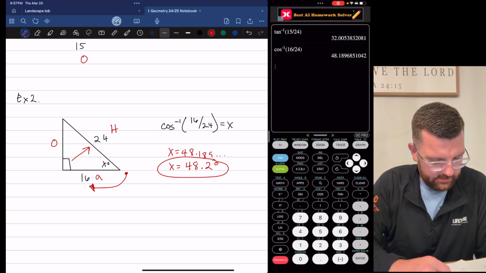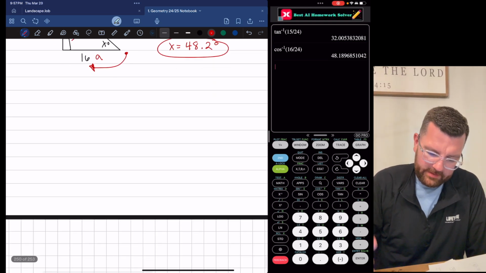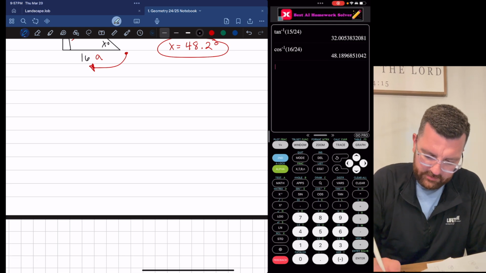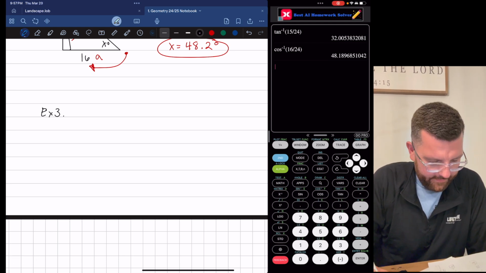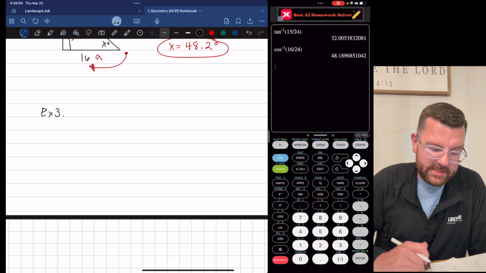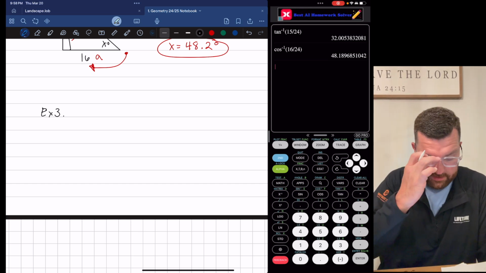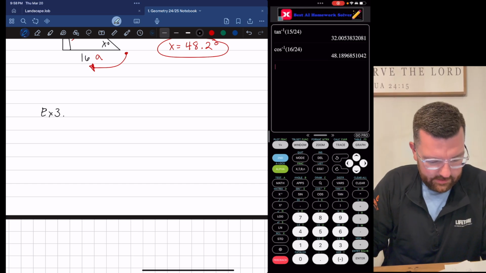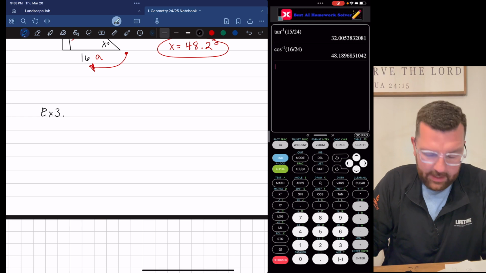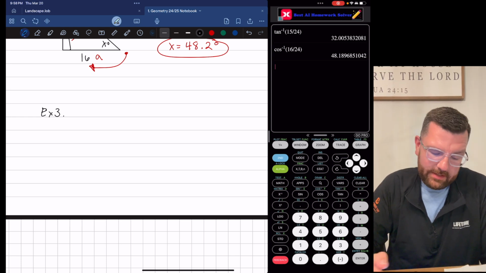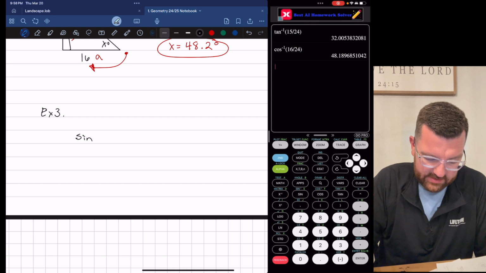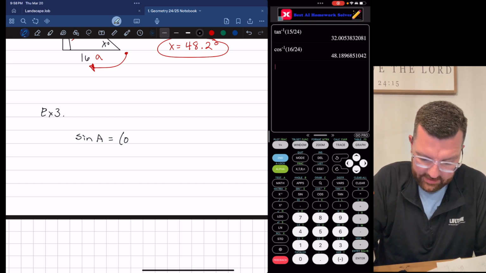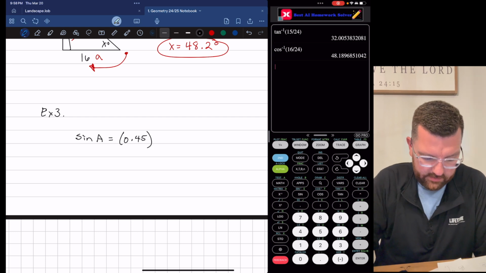Let's do one more. And then I'm going to go to your worksheet and do one from your worksheet. Example number 3. Let's say they don't give you anything. Let's say they don't give you a triangle, and instead all they give you is this: sine of A equals, and then they give you a number.